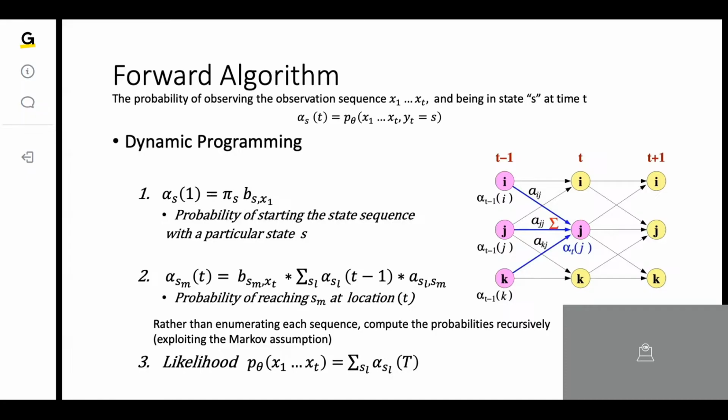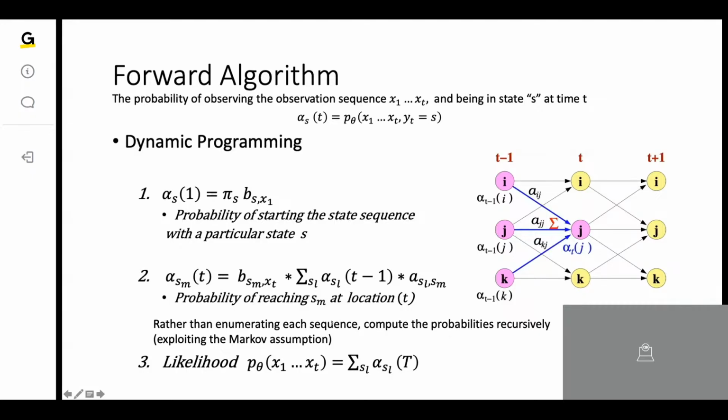Similarly, for alpha s of t, from the initial state to the successive states, we can make use of the recursive approach using the previous alphas and compute it efficiently rather than enumerating each sequence.